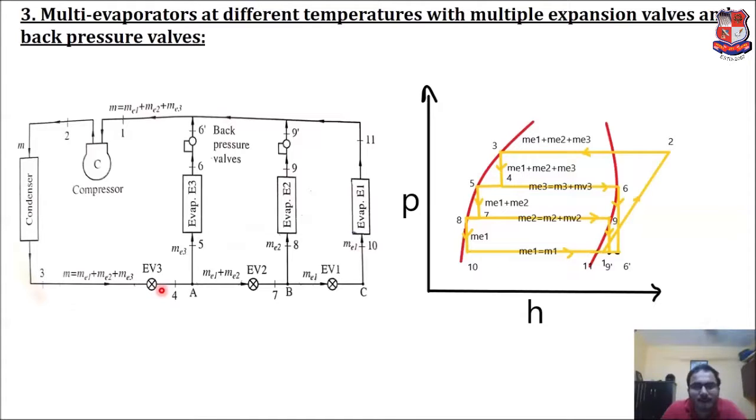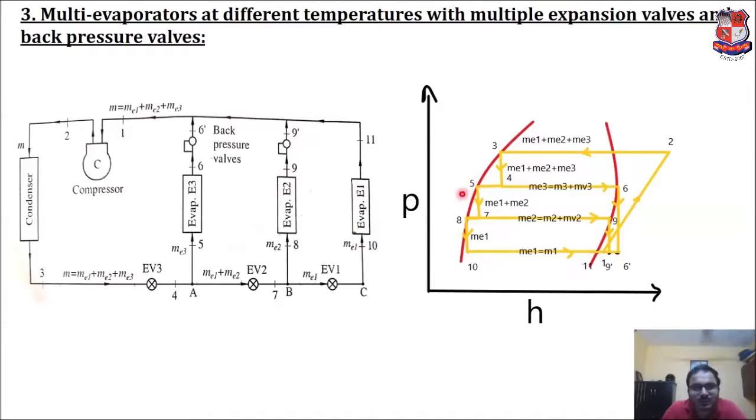So here if you see, 4 to 5 is this portion, that is some form of cooling is happening here from 4 to 5 because of evaporation, which is vapor formation here.